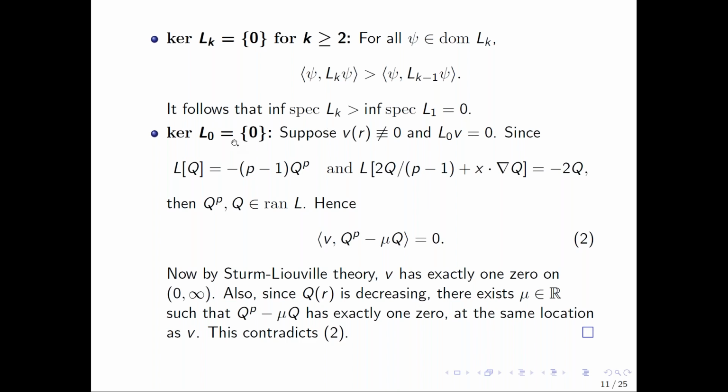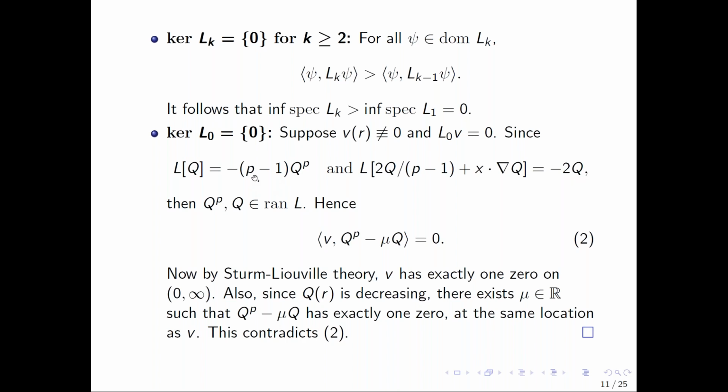We're going to prove that it has a trivial kernel by contradiction. Suppose that you have a non-zero function in the kernel of this radial Laplacian. So V is non-zero, it's a radial function, and L0 of V is equal to 0. Well, then you just observe that these two identities hold, that L of Q is equal to minus (p minus 1) Q to the p, and L of this virial kind of function is equal to minus 2Q.